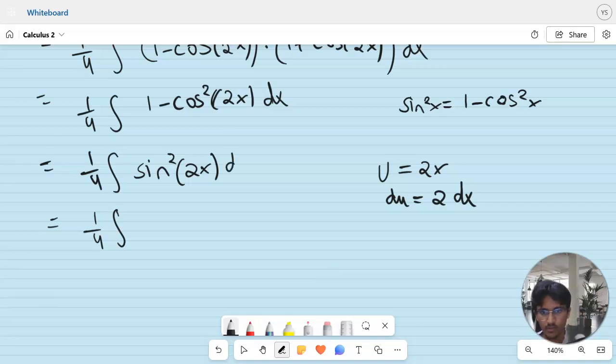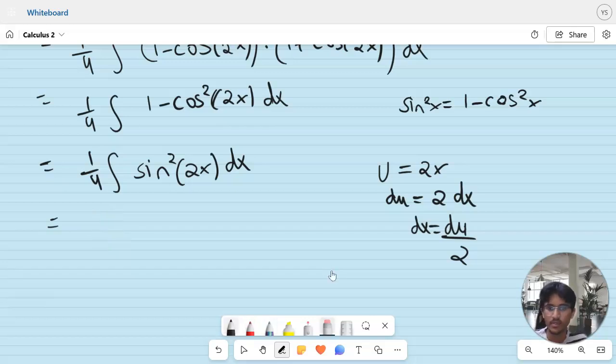And then not to forget that dx, so dx is going to equal du over 2. So that half is going to come out. When that comes out, we're going to multiply 1/4 times 1/2, and it's going to be equal to the integral of sine square of u du.